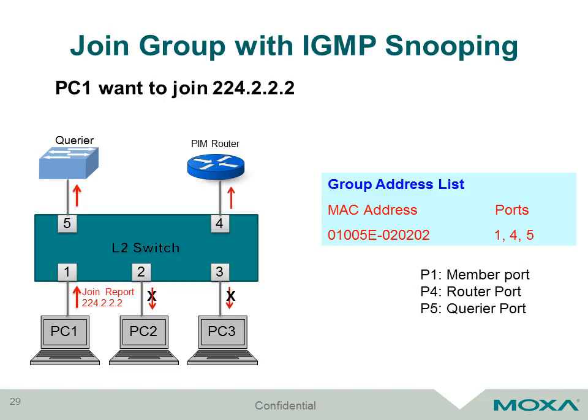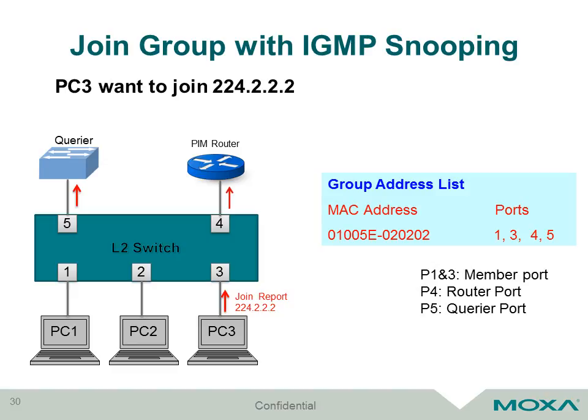If the switch enables IGMP snooping, the group address list will record the port's name, and the switch will forward the join packet to the multicast router, which is the layer 3 device. Once the layer 3 router receives the join packet, it will create the group record in its memory.